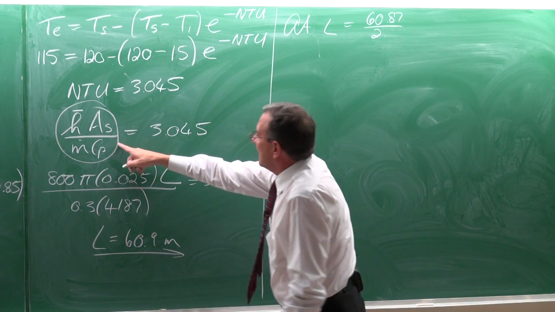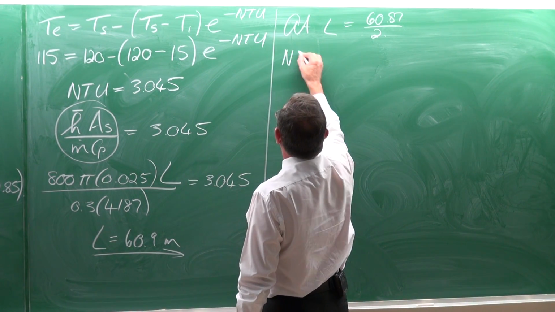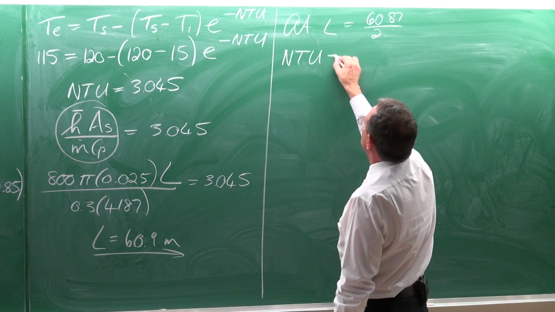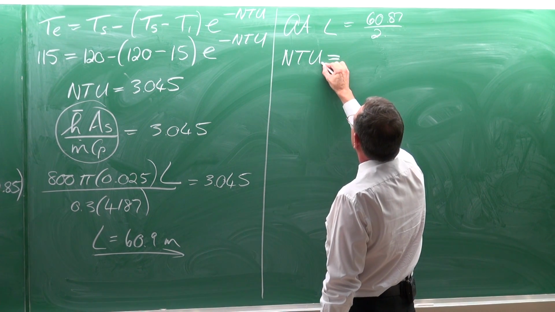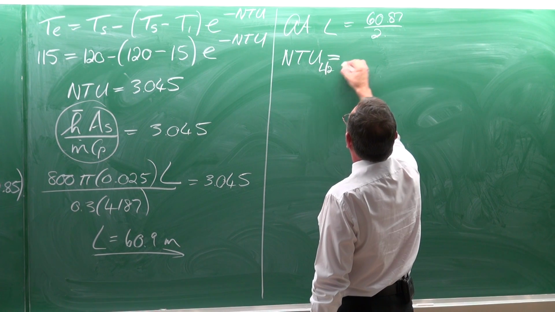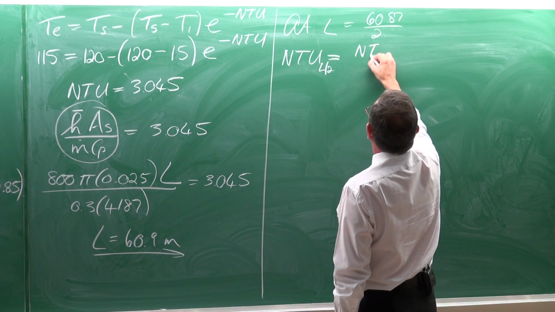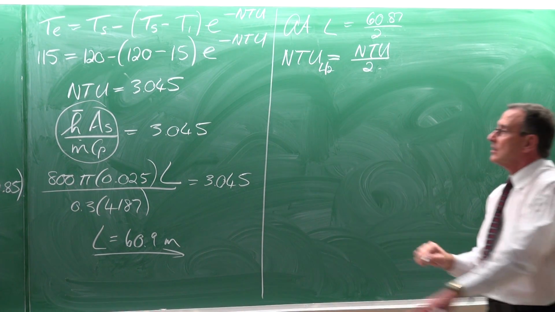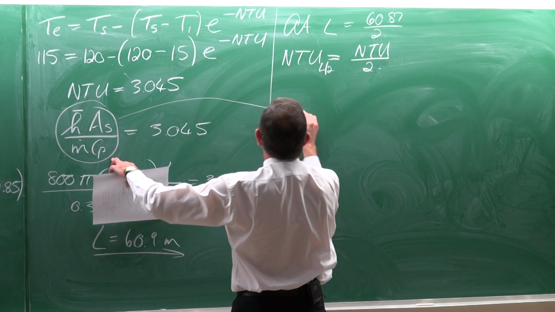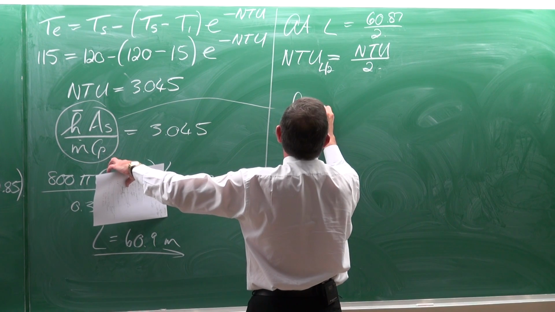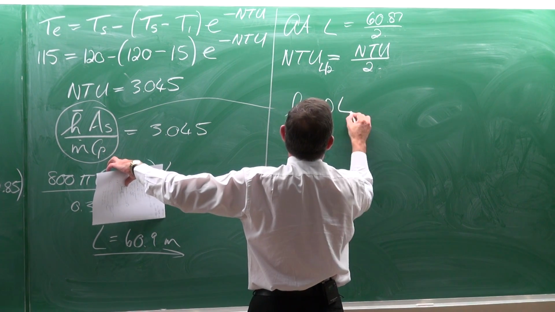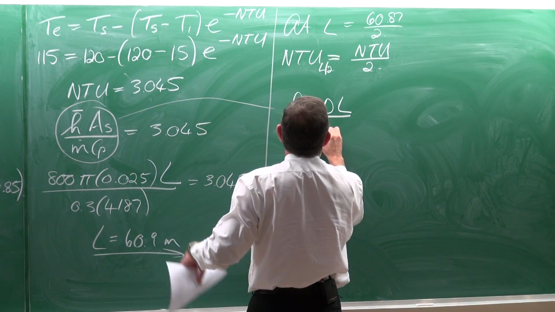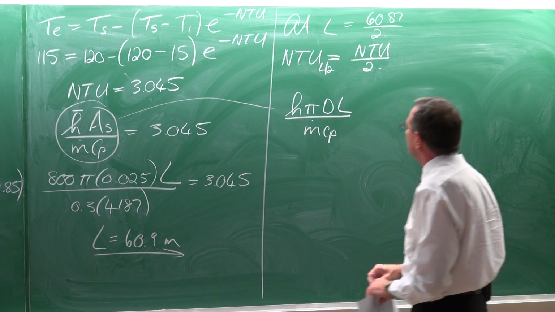So if we look at that, it means actually it is the NTU values of the NTU divided by 2. Because this equation is the heat transfer coefficient multiplied pi d multiplied by L divided by the mass flow rate Cp.